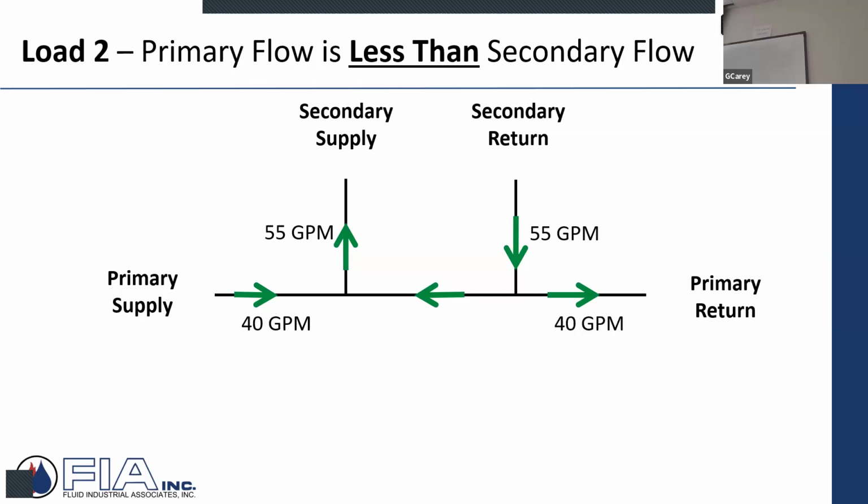And 40 is going to go this way to match this 40. And then 15 is going to go backwards. So when I blend the 40 and the 15, there's my 55. That's another scenario. Primary is less than secondary.